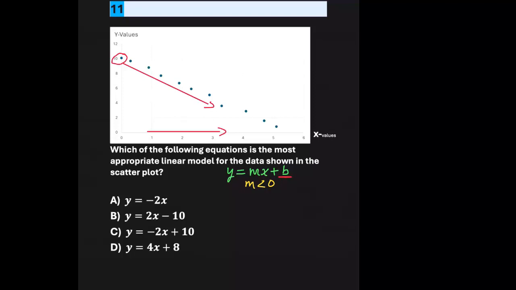Choice A has a negative slope, but it doesn't have a y-intercept, so we cross that out. Choice B has a positive slope right here, so we're going to cross that out. And choice C has a negative slope and a positive y-intercept. The y-intercept is around 10, so it's going to be positive 10. So the answer is right here. Okay, let's move on to the next question.